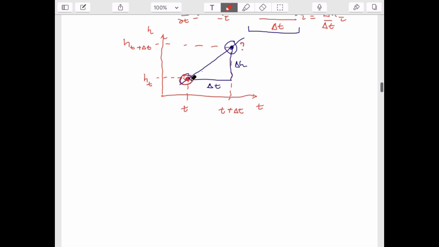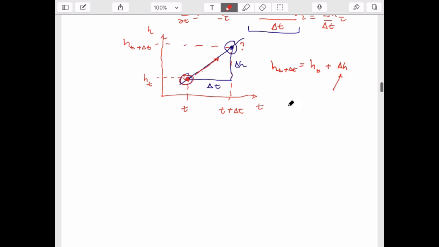Well, if we know what this head is, and we know what this trajectory is, because this is dh dt, then presumably we can find out how to get from one point to the other. So it's going to be something like the head at time t plus delta t is going to be equal to the head at time t, this one here, plus delta h. How could we write delta h?